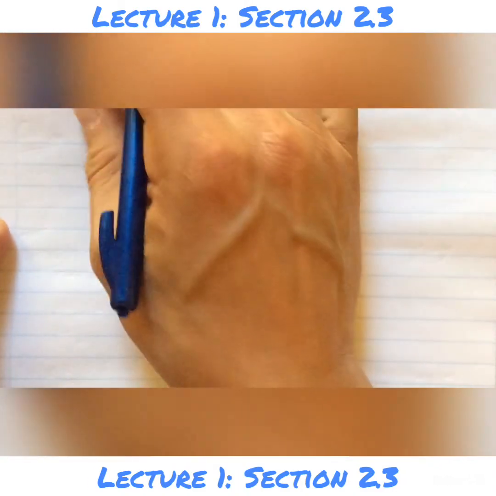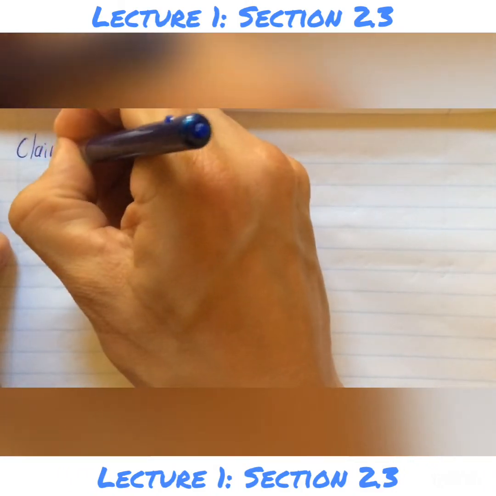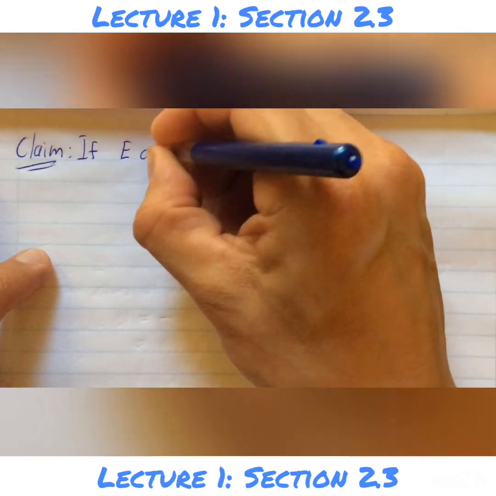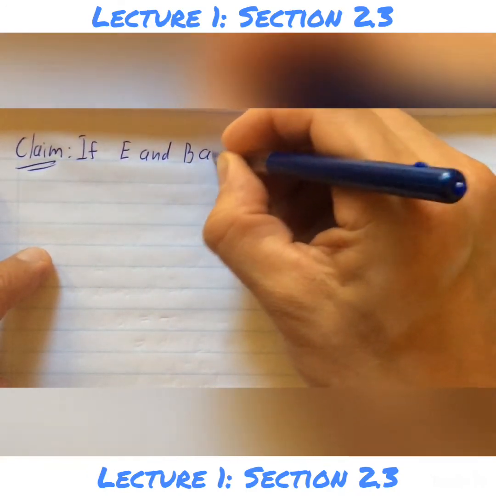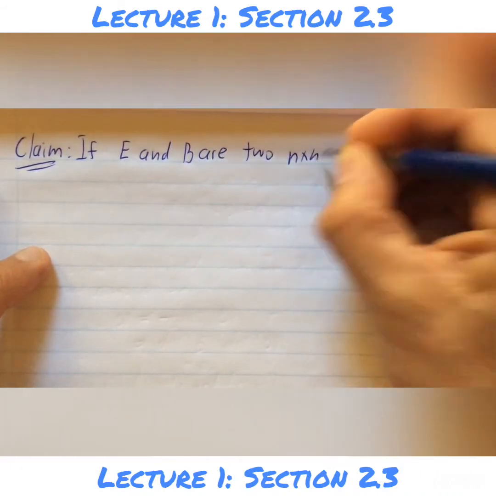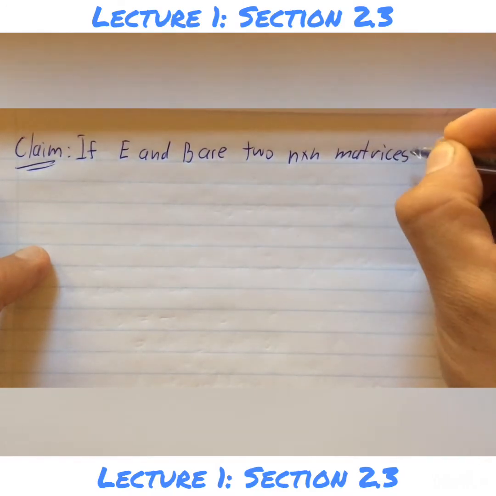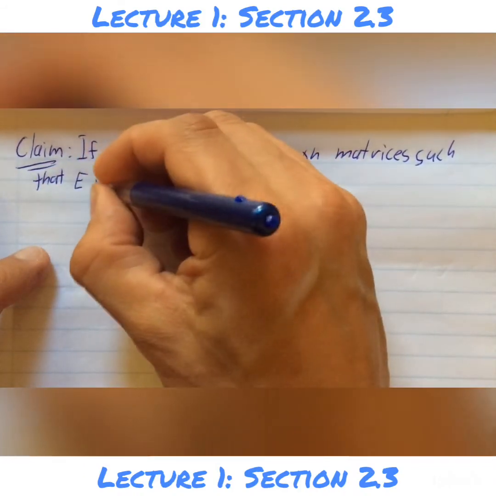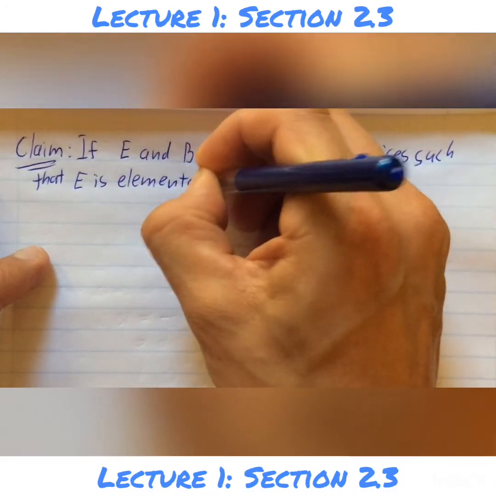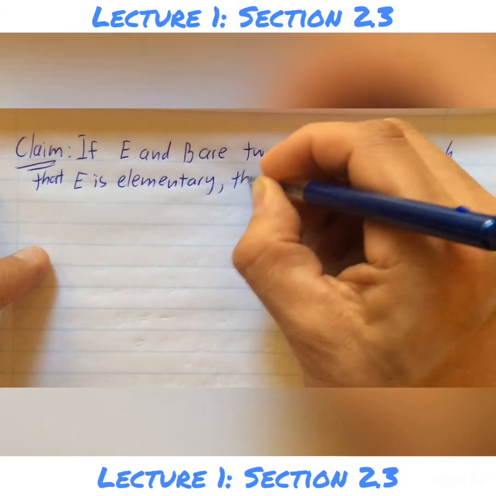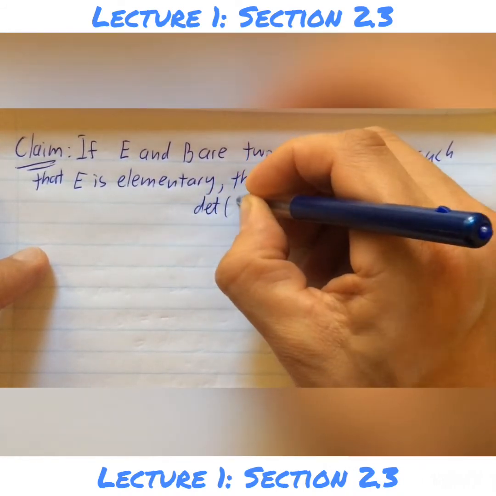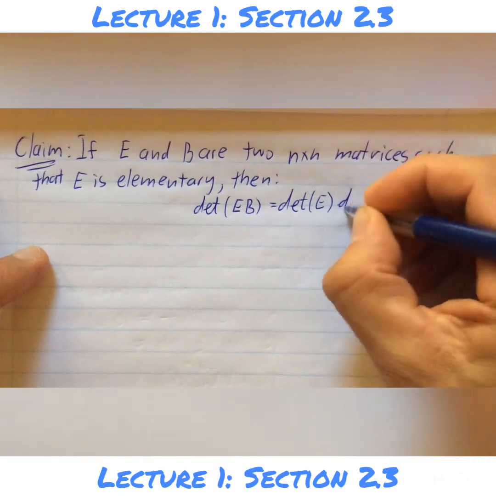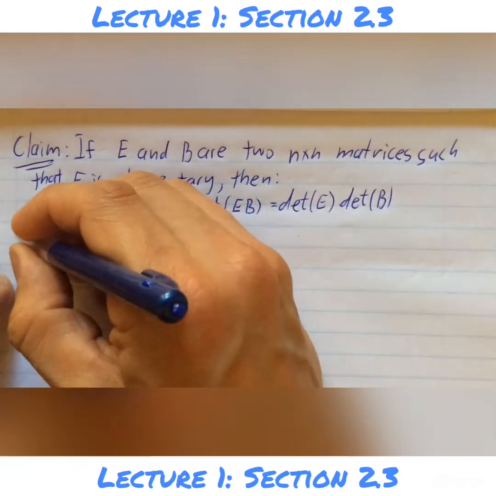So what we want to do here is we claim that if E and B are two n by n matrices, such that E is elementary, then the determinant of EB is the same as the determinant of E multiplied by the determinant of B. All right.